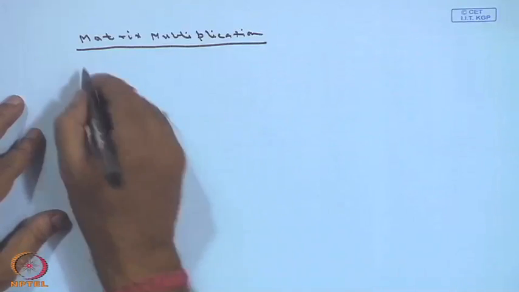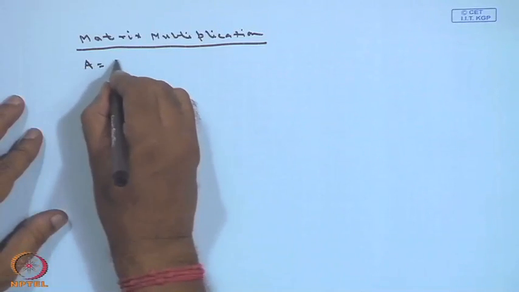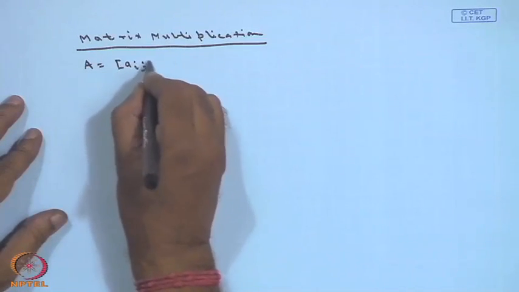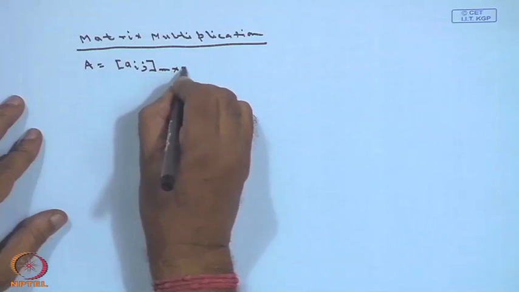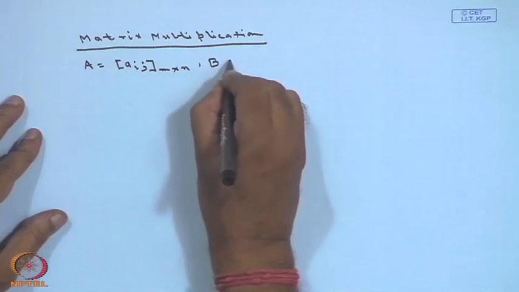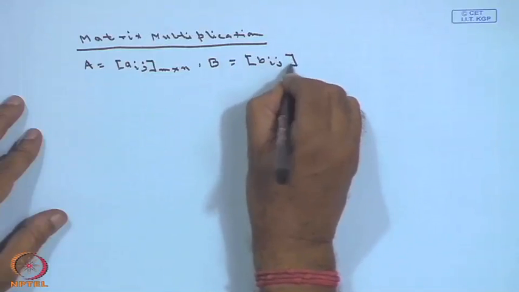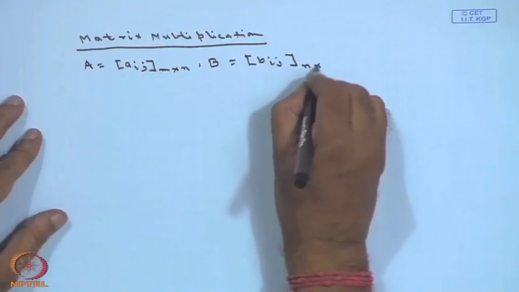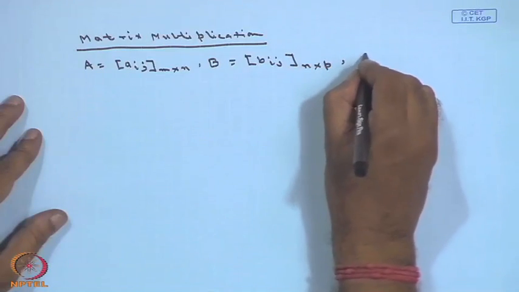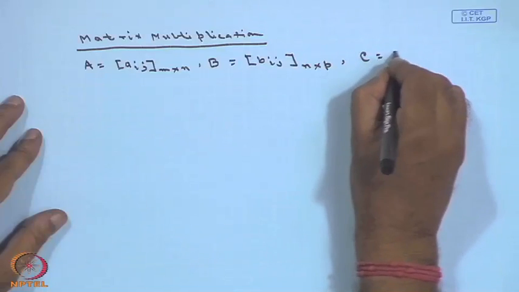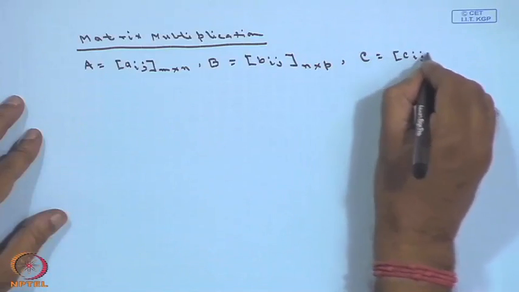So, again consider the matrix A equals A_ij, whose order is m cross n. Let us take another matrix B, which equals B_ij of order n cross p, and a third matrix C, C equals C_ij.